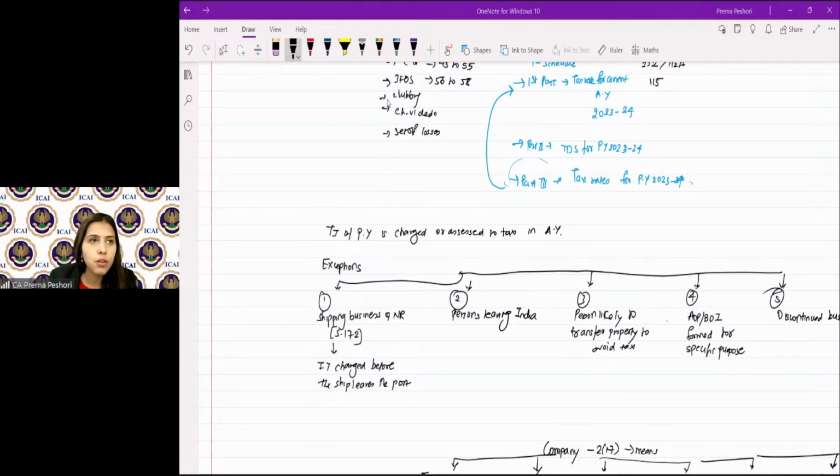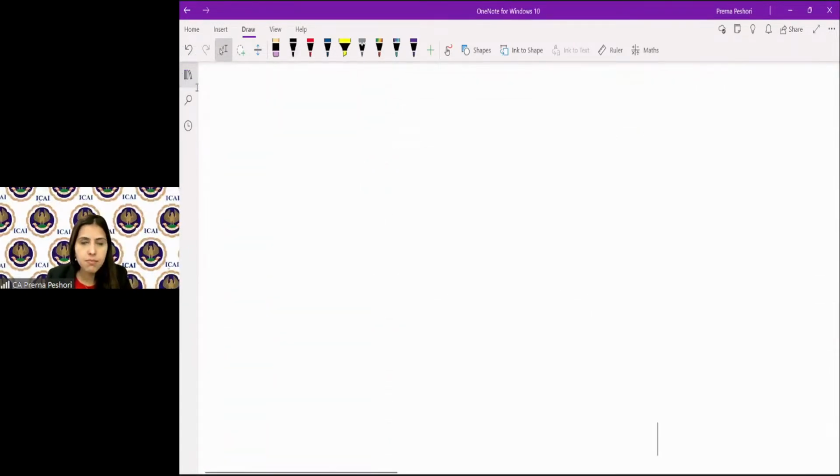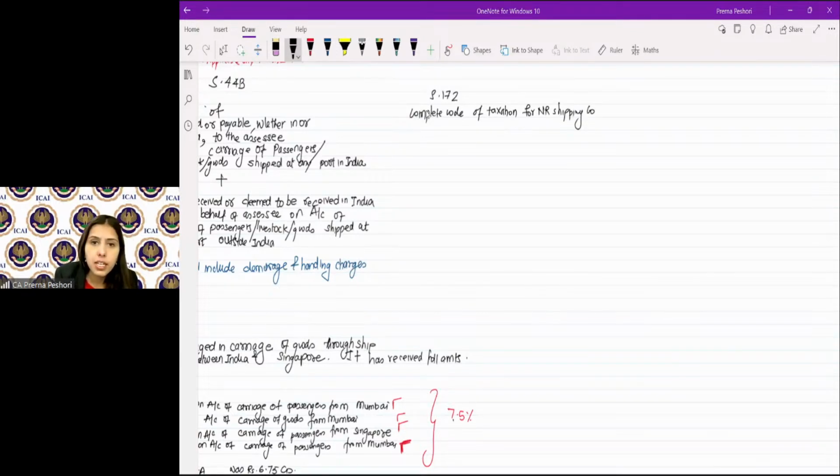So this is a complete code of taxation for the shipping business of a non-resident shipping company, including the assessment and collection. Fine. Now, how is the income taxed in 172.